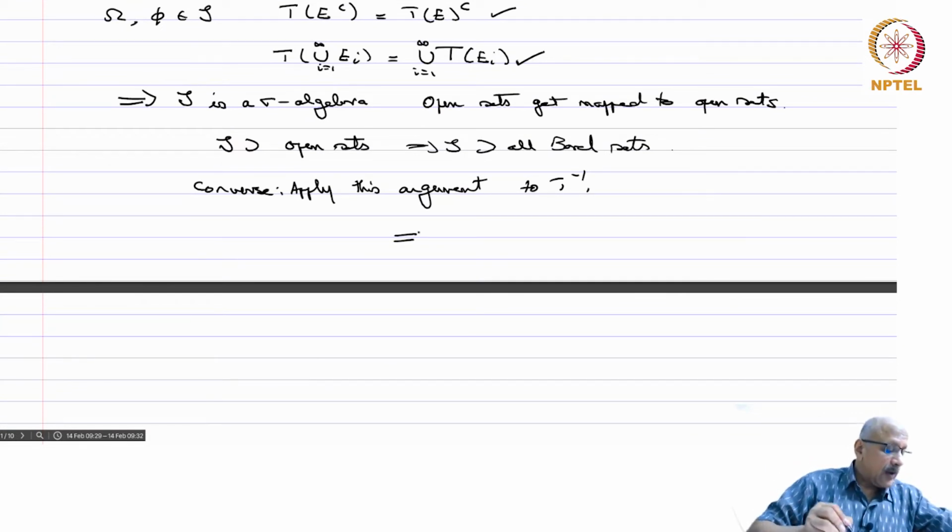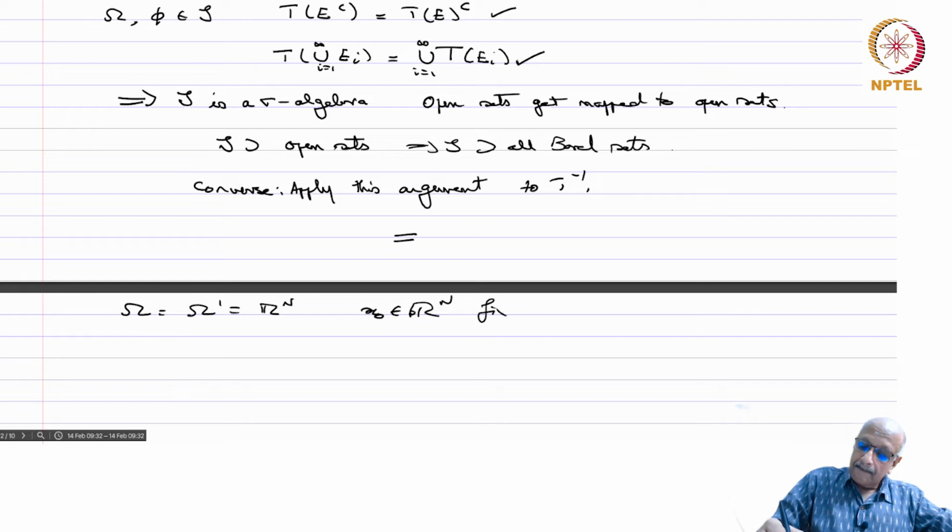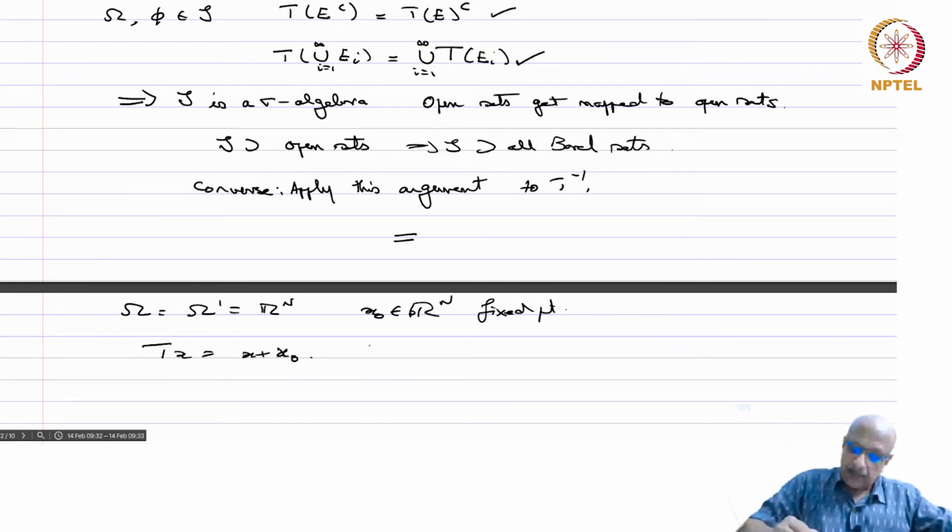And now as a special case, let us take omega equals omega prime equal to Rn and x naught in Rn fixed, and we take T of x as the mapping x plus x naught. So it's just translation by x naught and therefore that is a homeomorphism. So E is Borel, by the lemma, if and only if TE is Borel.